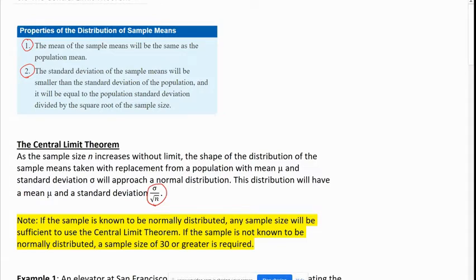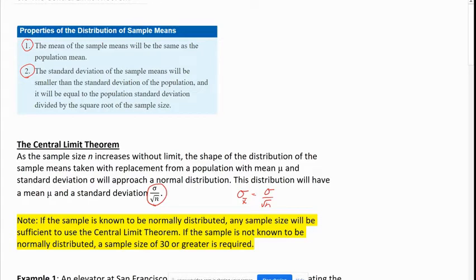When we're taking the standard deviation of the means, we'll call that sigma sub x bar equals sigma over square root of n.